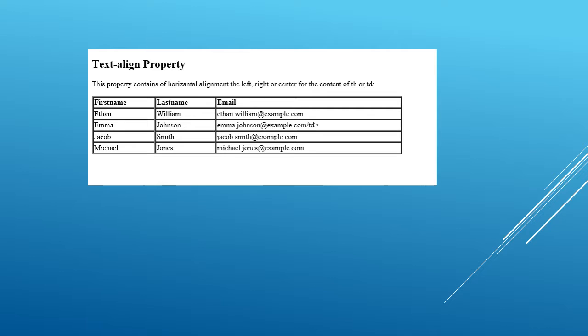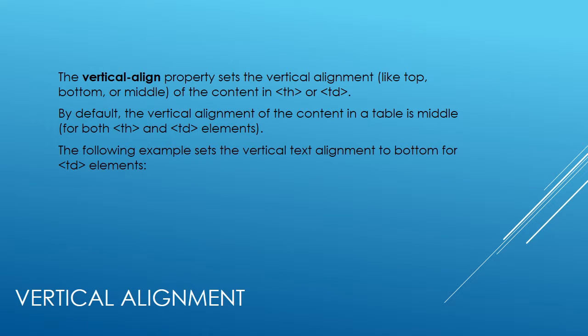This property sets the horizontal alignment, left, right or center, for the content of th or td. The vertical-align property sets the vertical alignment, like top, bottom, or middle, of the content in th or td. By default, the vertical alignment of the content in a table is middle, for both th and td elements.